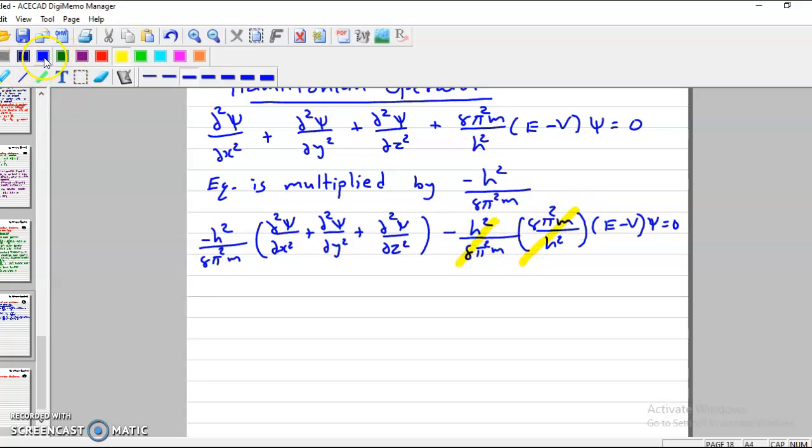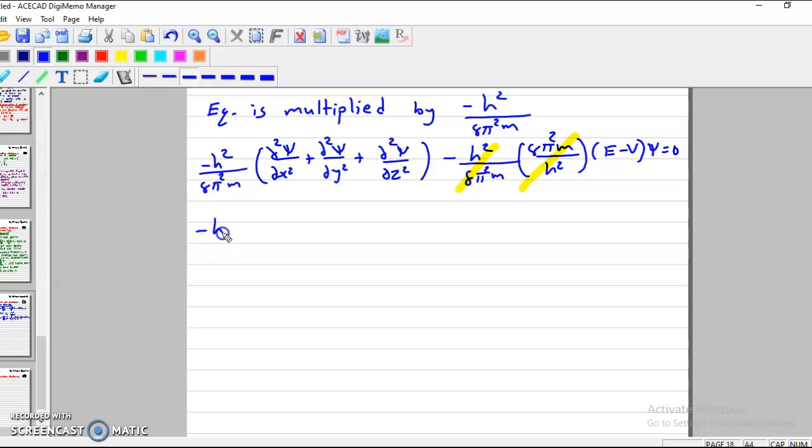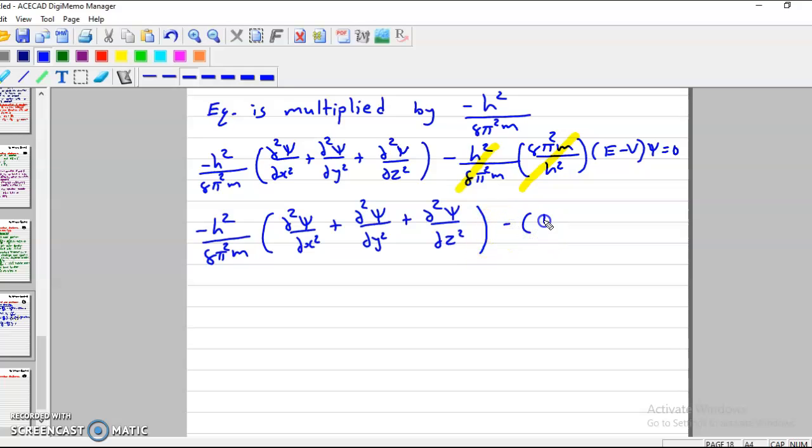and now we will write minus h square upon 8 pi square m (del square psi upon del x square plus del square psi upon del y square plus del square psi upon del z square) minus into bracket (E minus V) psi is equal to 0.